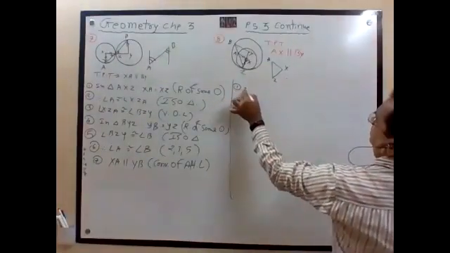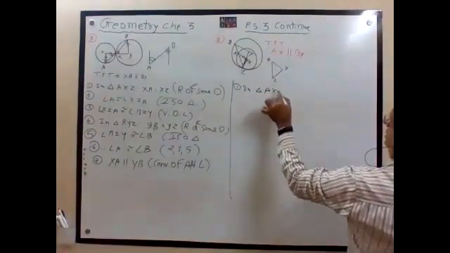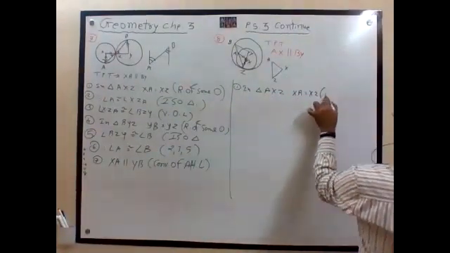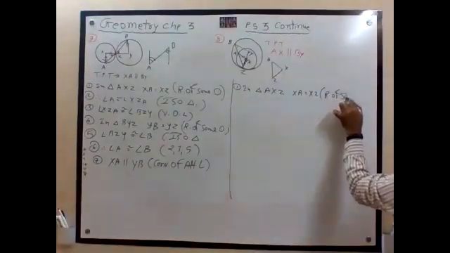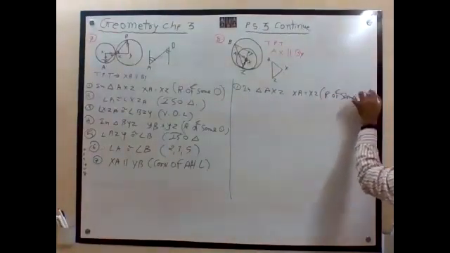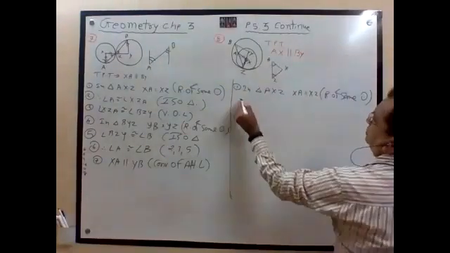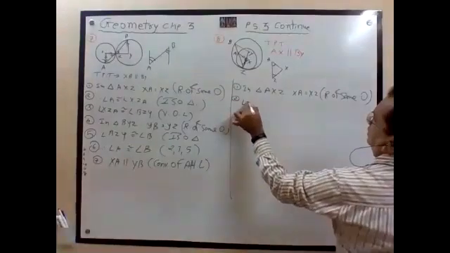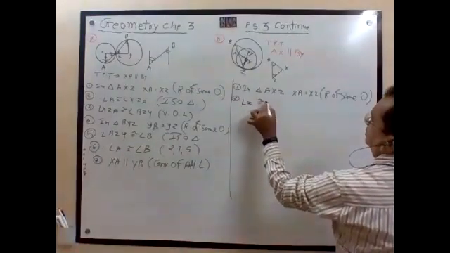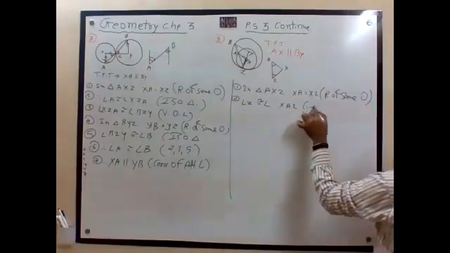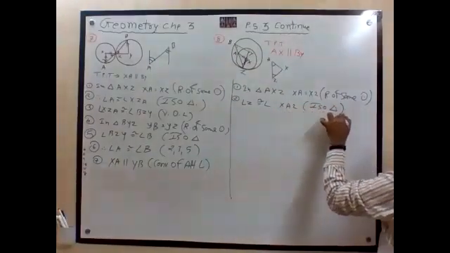AXZ. In triangle AXZ, XA is equal to XZ, radii of same circle. Therefore, this equal to this, with angle Z congruent to angle XAZ, isosceles triangle.